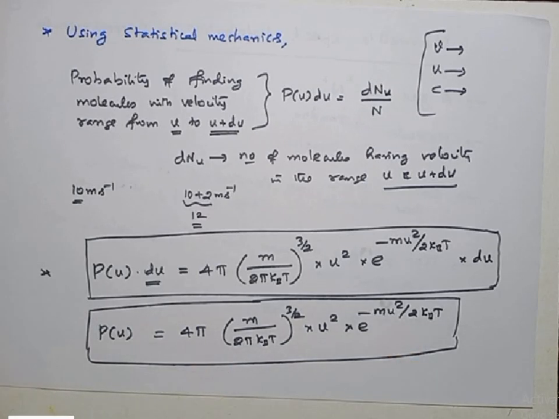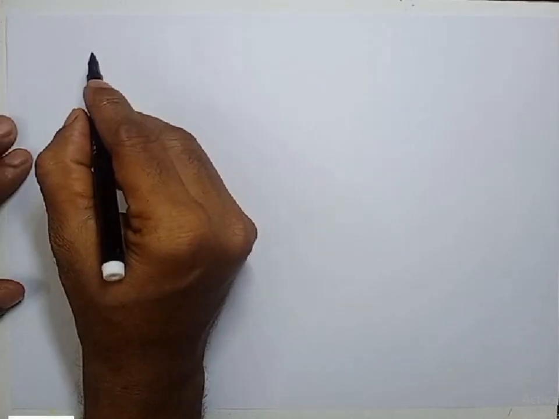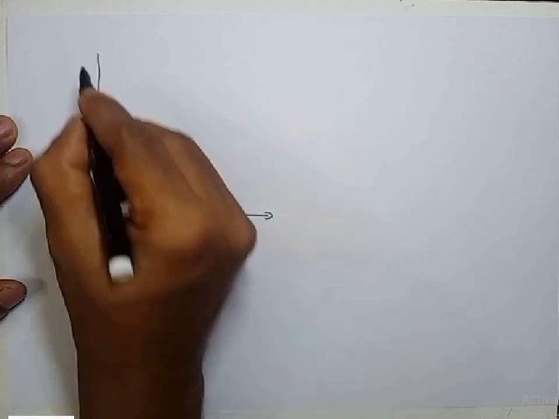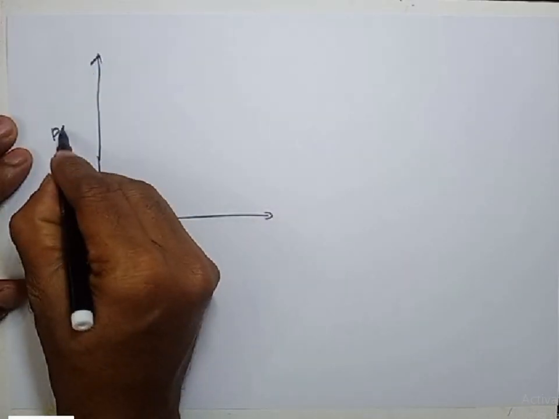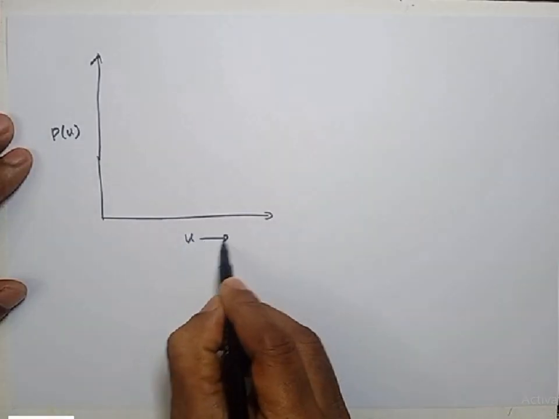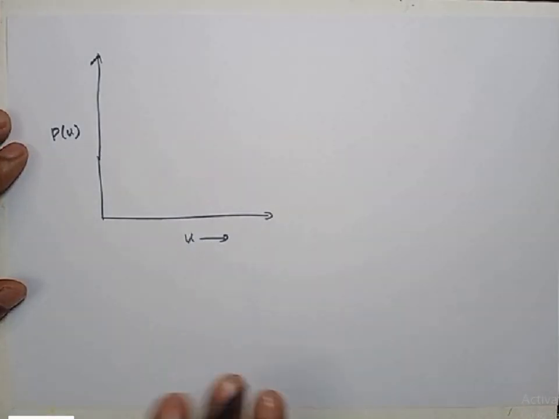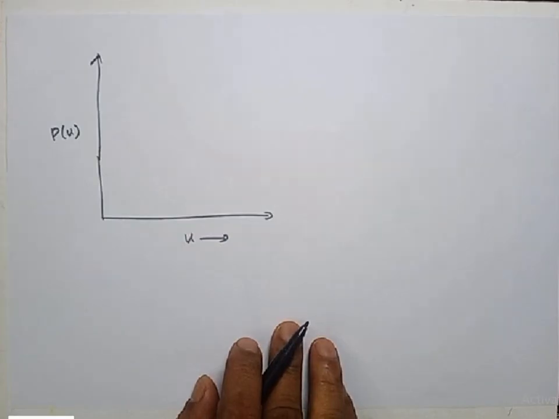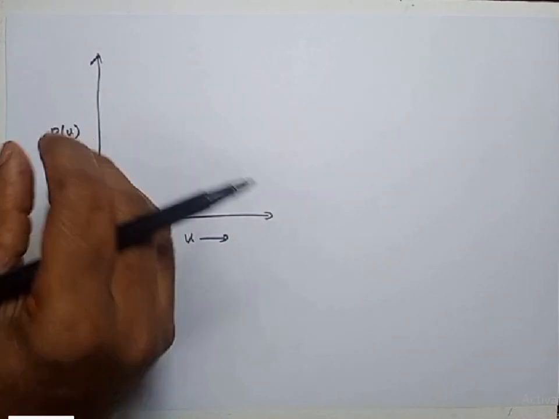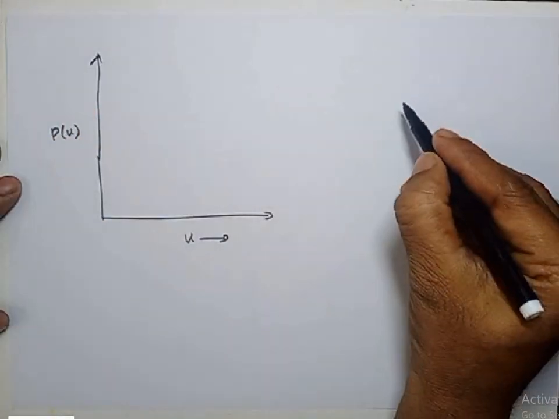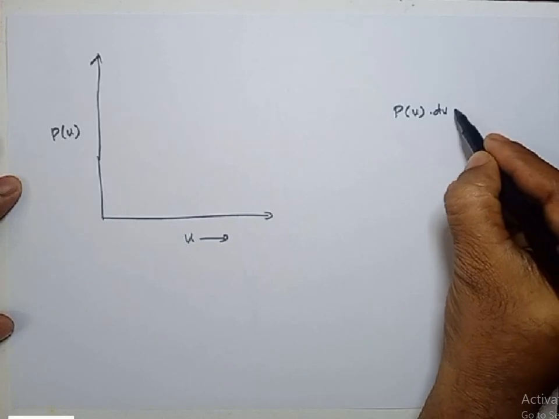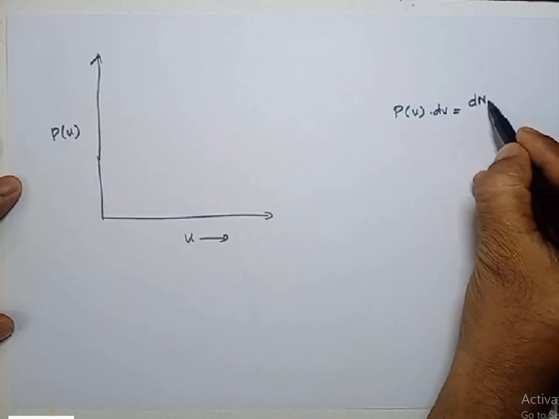So if I plot this probability, that is, the probability of finding a molecule with velocity u versus velocity of the molecule, how will the graph look? Observe carefully, I am plotting probability. Probability is nothing but a fraction. Remember, I told you P of u into du is equal to dnu by n.